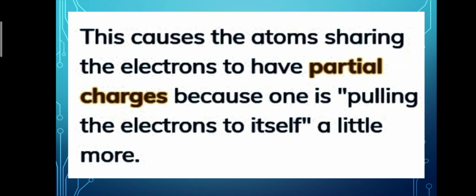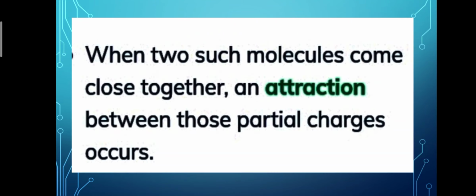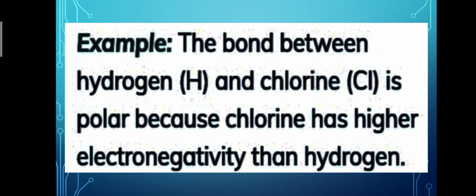This causes the atoms sharing the electrons to have partial charges, because one is pulling the electrons to itself a little more. When two such molecules come close together, an attraction between those partial charges occurs. For example, the bond between hydrogen and chlorine is polar because chlorine has higher electronegativity than hydrogen.